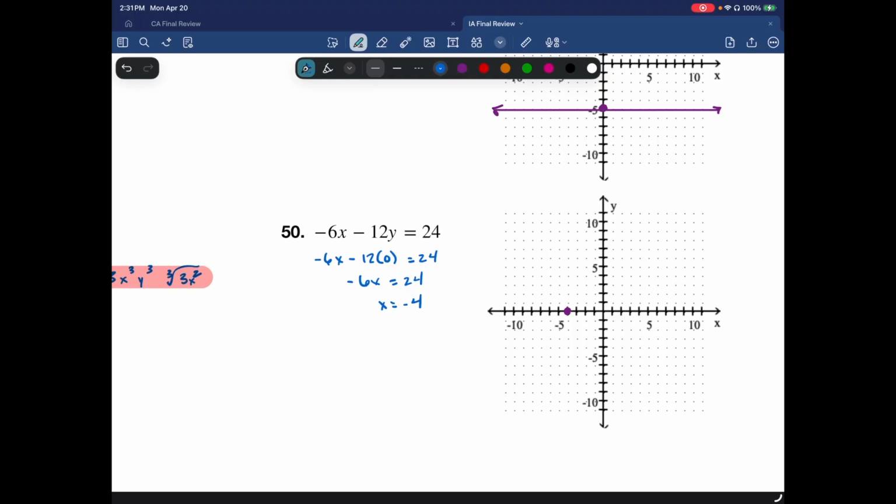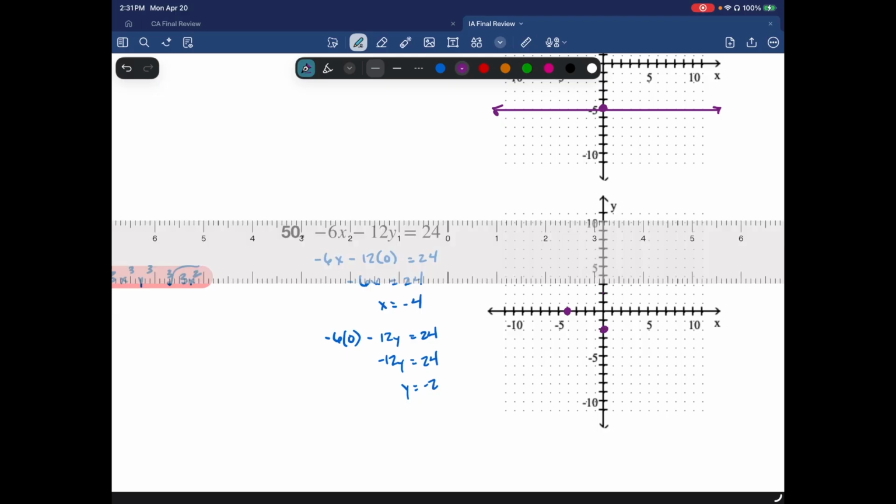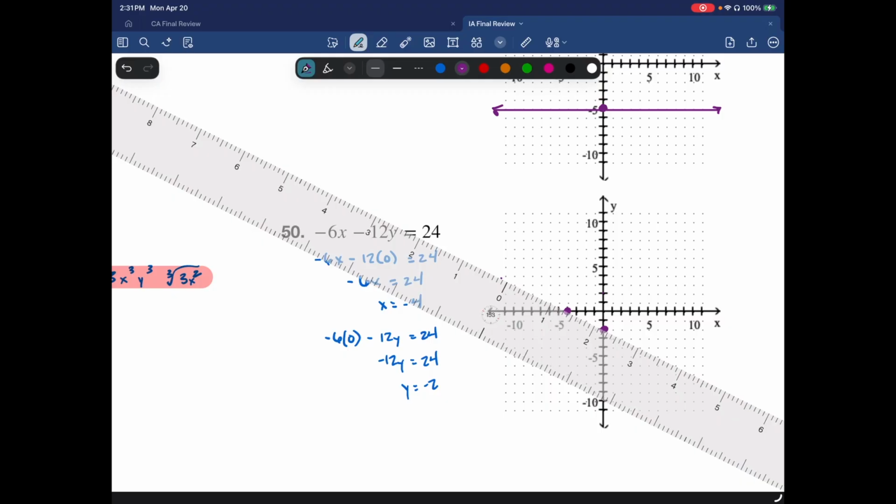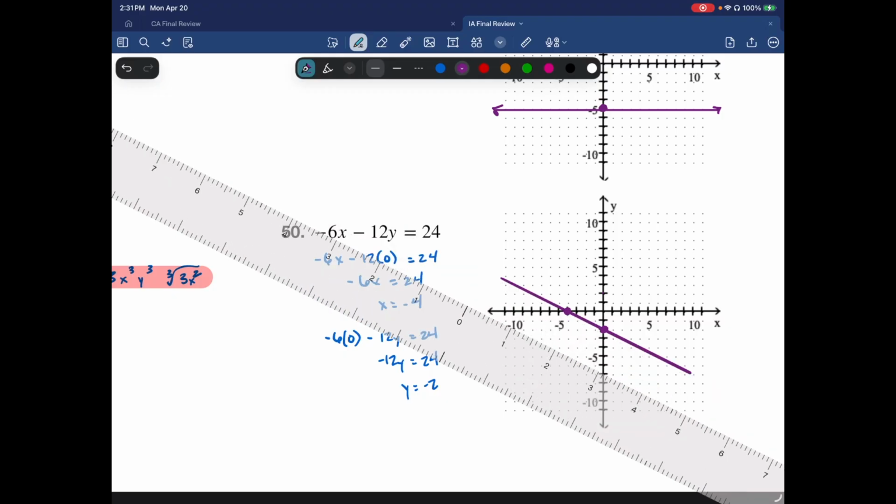So that'd be negative 6 times 0 minus 12y equals 24. It gets rid of the first term, and so I get negative 12y equals 24. So y equals negative 2. I plot y equals negative 2, that's right here. And then once again, I connect my dots. And that's it. I've done the job.